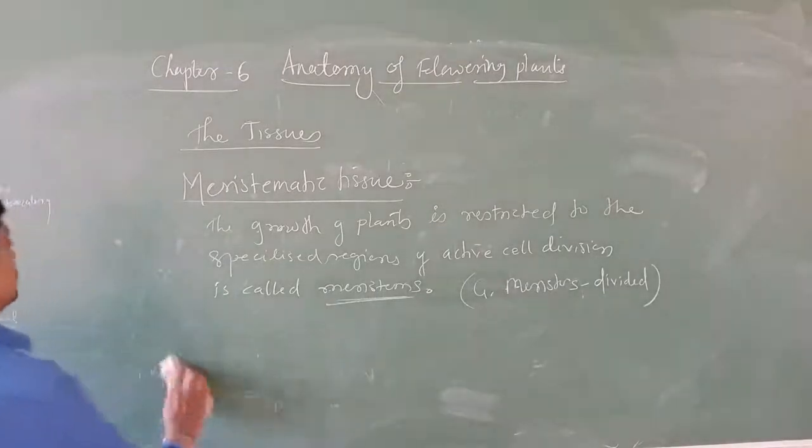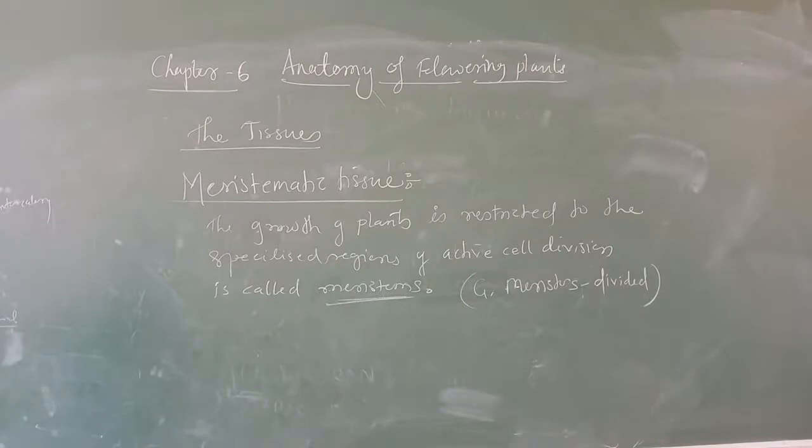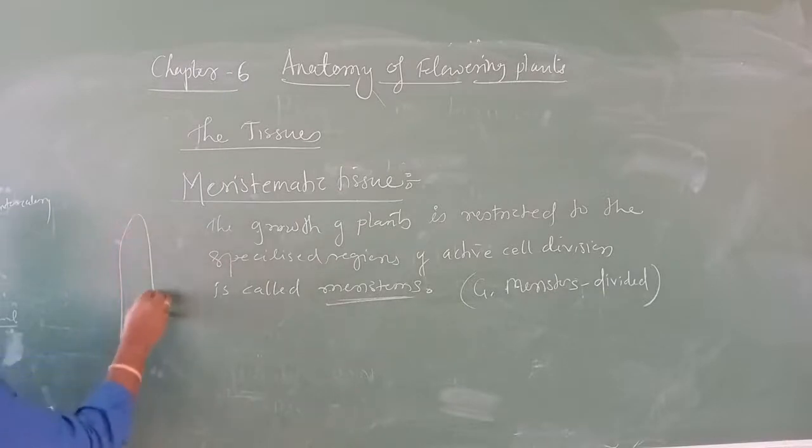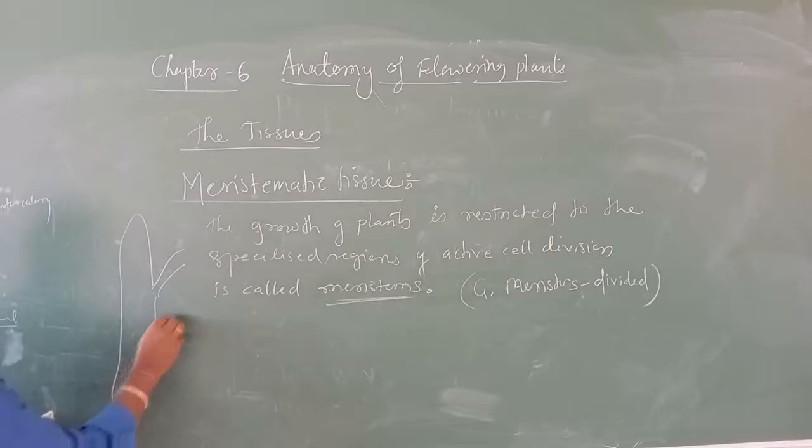So in plants we are going to get different kinds of meristems, based upon the position in the plant. I am going to draw a diagram here for the different kinds of meristems.